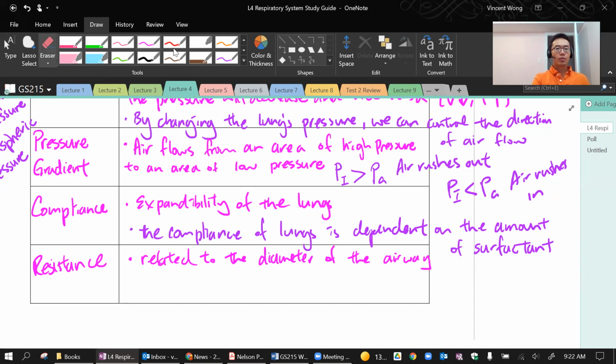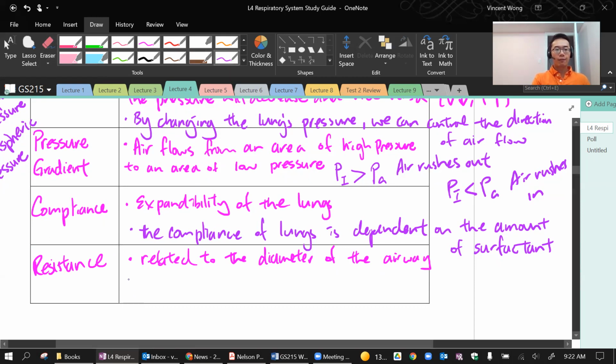For example, if you reduce the diameter because of mucus buildup, or you physically have something obstructing your airway, then that equals increased resistance, which equals more difficulty breathing.